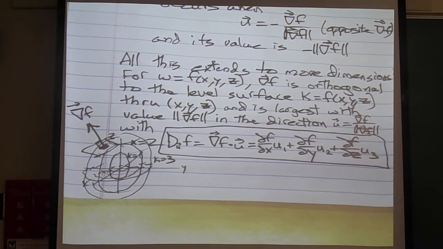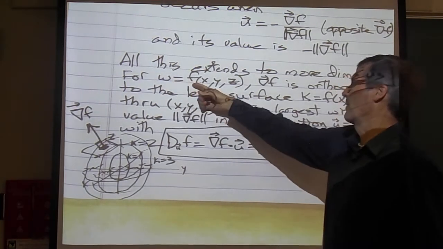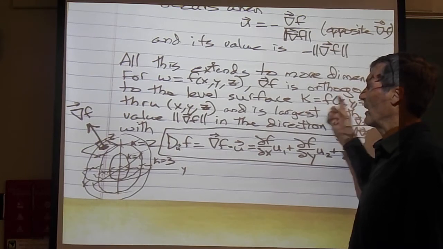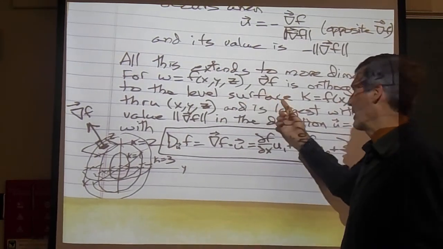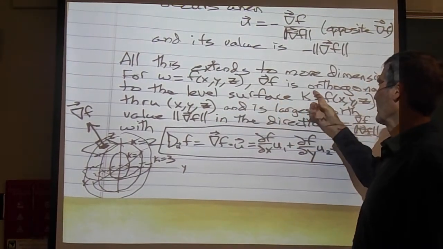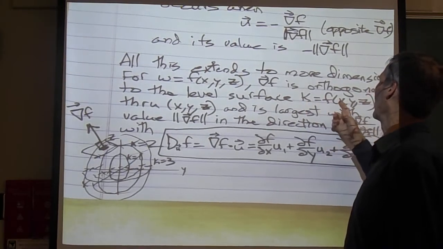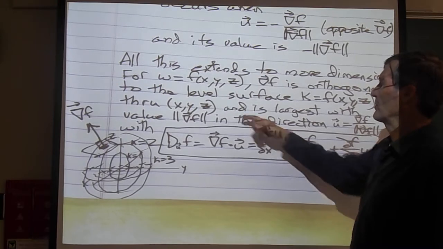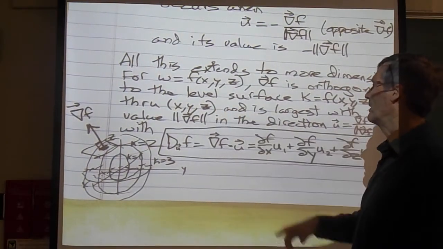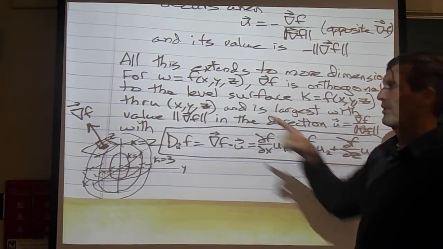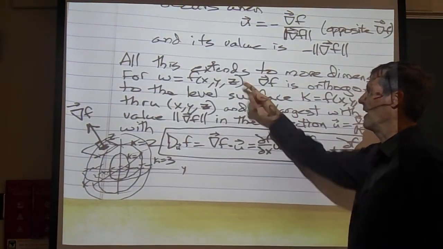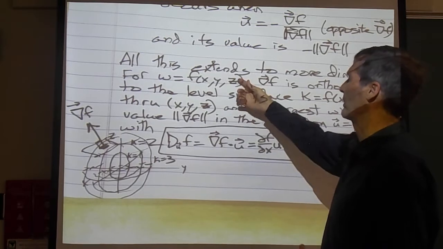And all this extends to more dimensions. Now suppose I have w, a function of 3 variables, x, y, and z. Now the gradient of f turns out to be orthogonal to the level surfaces by the same kind of argument. A level surface being f of 3 variables equal to a constant. And so for the level surface that passes through the point x, y, z, the gradient is perpendicular to that at the point, and again it points in the direction of greatest increase of f. This is important, like an electric field in 3 dimensions.